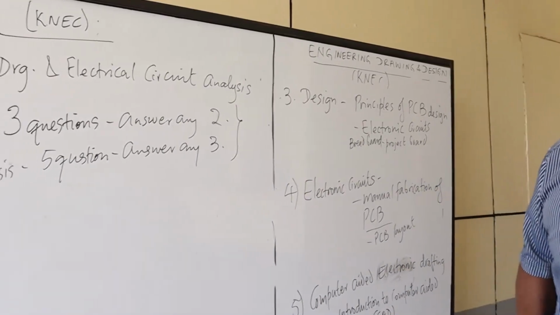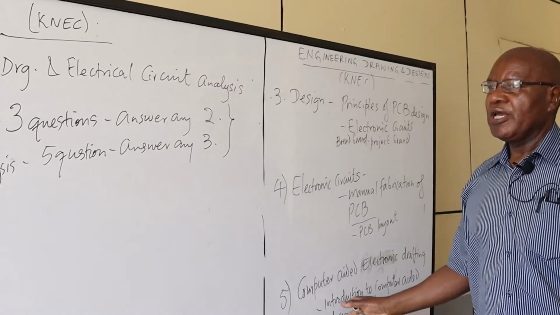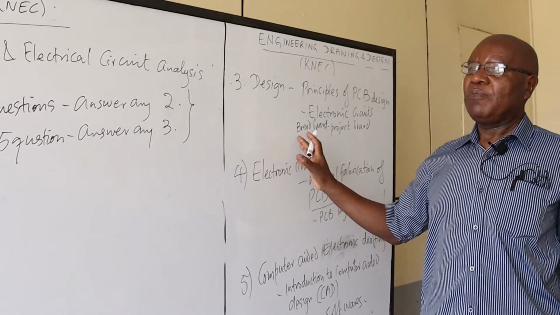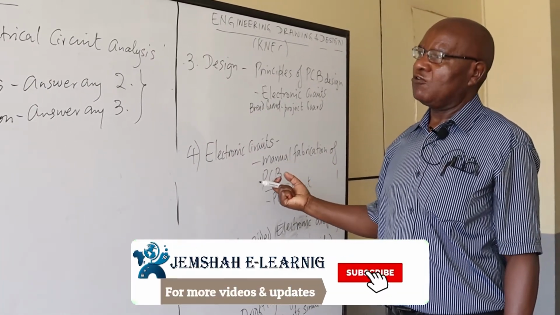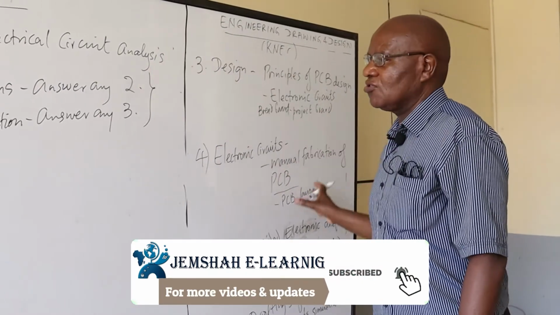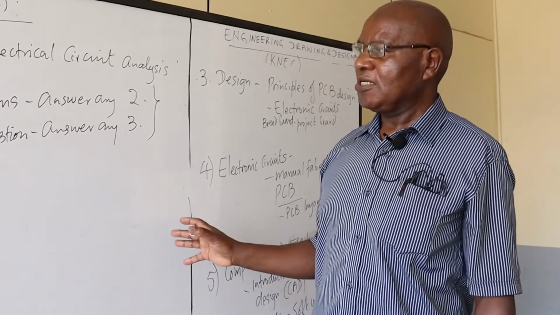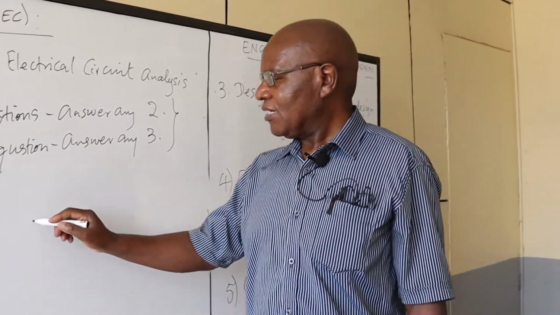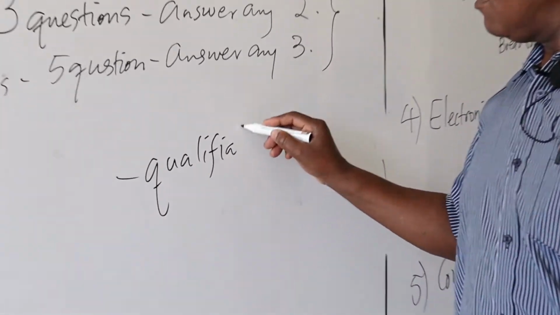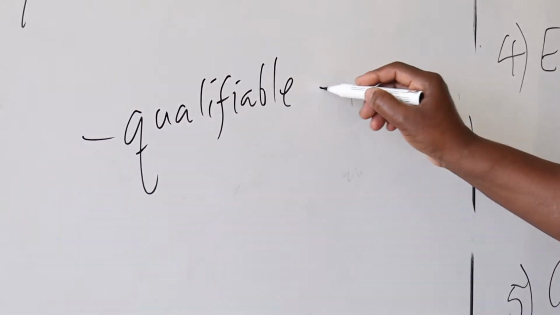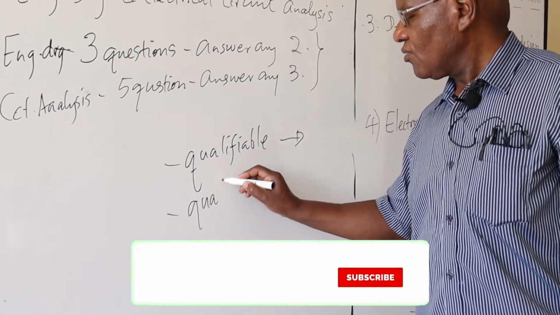Now, one thing I keep stressing to students is that what we go through here, more or less, in our case, there is a bit of practicals involved. It is essential you become a hands-on fellow. Once you finish this course, you'll get a paper, a diploma certificate when you finish Module 3, and that will simply mean you are only qualifiable for whatever job it is that you'll be applying, but not necessarily qualified.